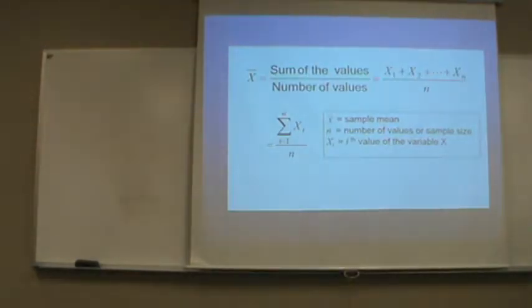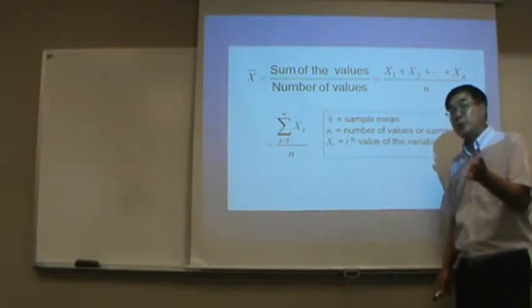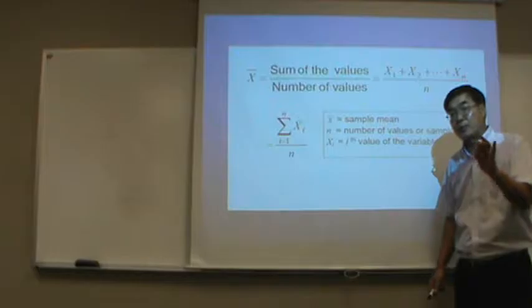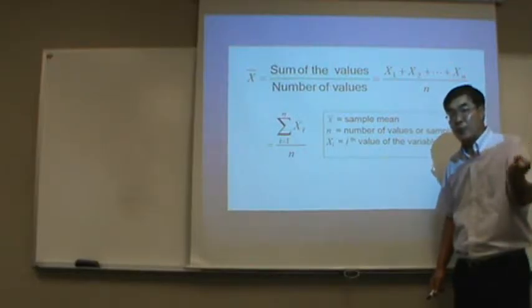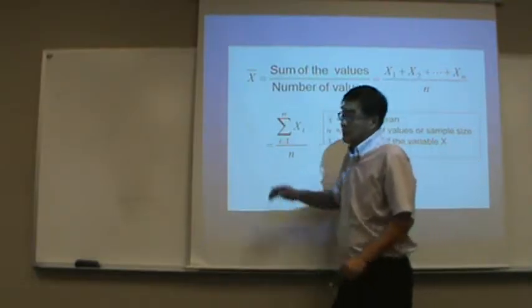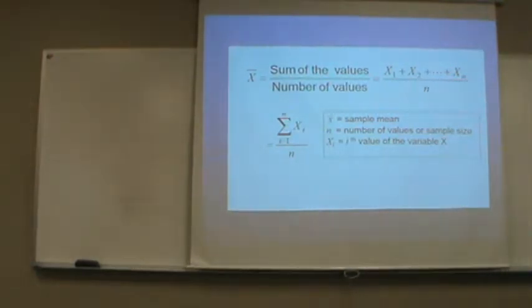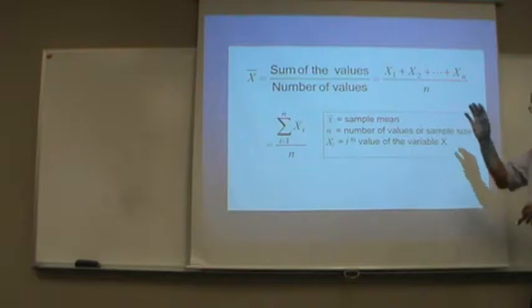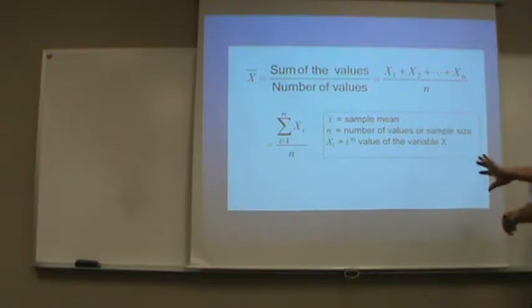Earlier, in chapter 1, we covered parameter and statistic: a parameter is from a population, a statistic is from a sample. At the end of this chapter 3, I will talk about parameter and statistic again.